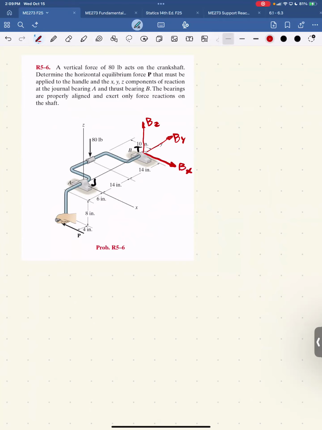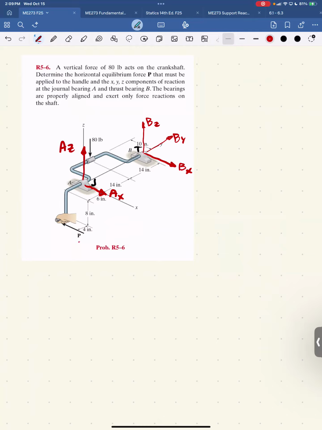Journal bearings can't move up or down, so they have a reaction in z. And they can't move along the x-axis either, so there's a reaction in the x direction. And then I have the unknown P.